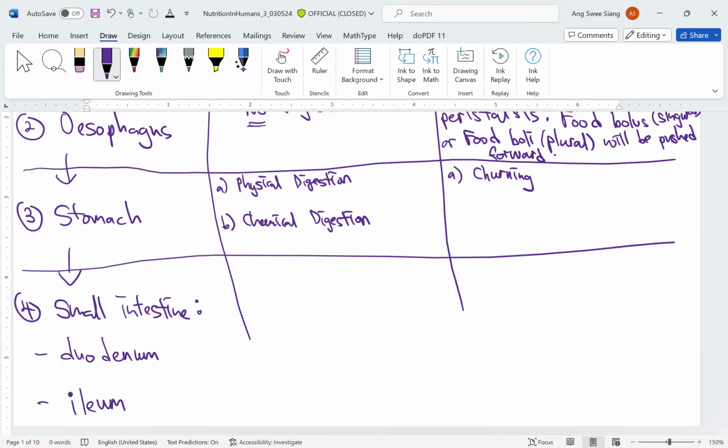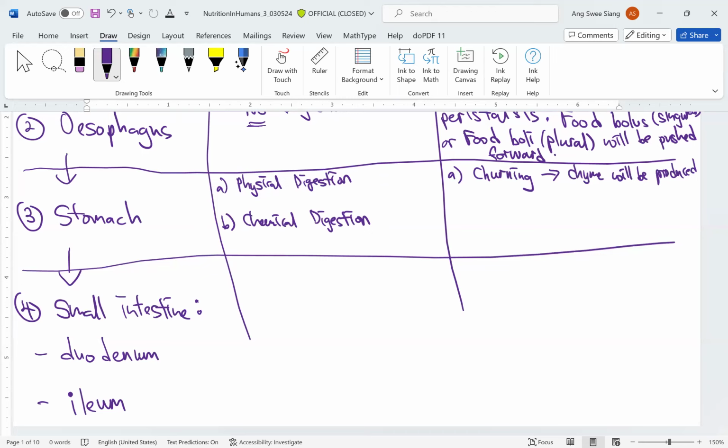They will be moved around and mixed due to the muscular contraction of the muscular wall of the stomach, and after a few hours of that, you will result in the production of chyme, which is a semi-solid, semi-liquid substance. So chyme will be produced. Solid food becomes liquid.